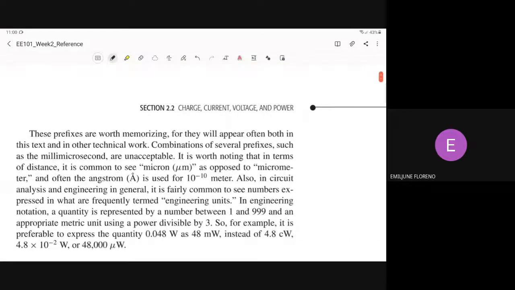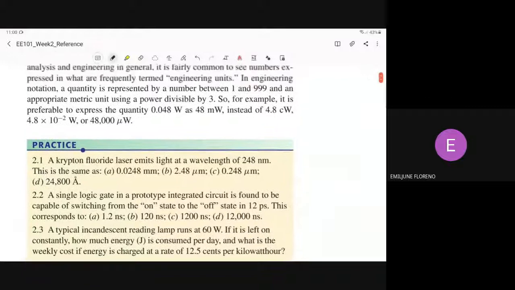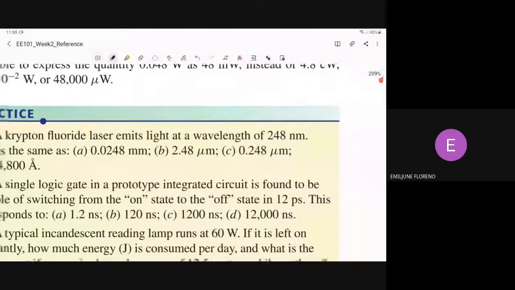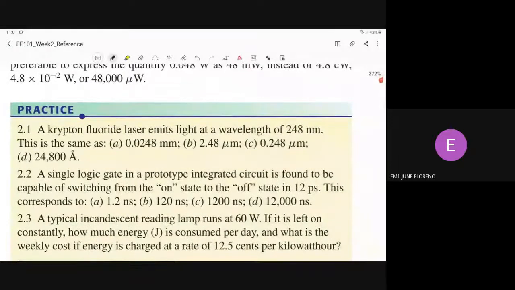So let's try to do some practice problems for 2.1, about units and scales. A krypton fluoride laser emits light at a wavelength of 248 nanometers.